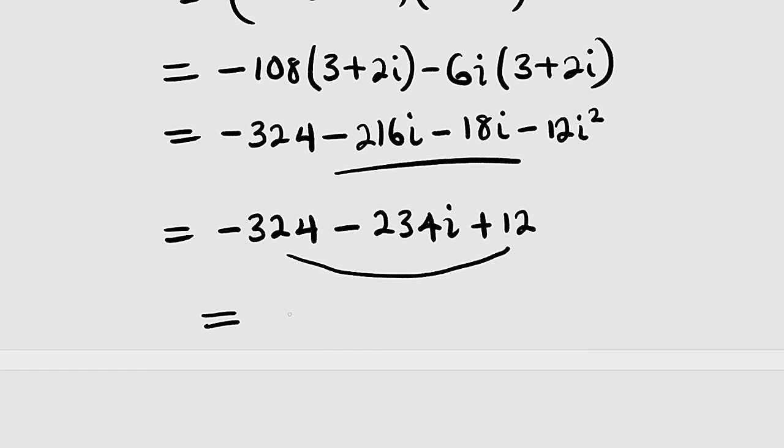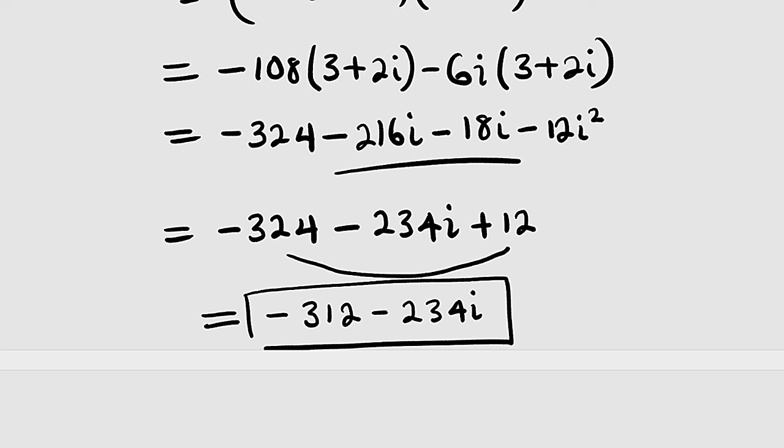So this is equal to negative 312, then minus 234i. So after multiplying all those three factors together, this is what we have: negative 312 minus 234i.